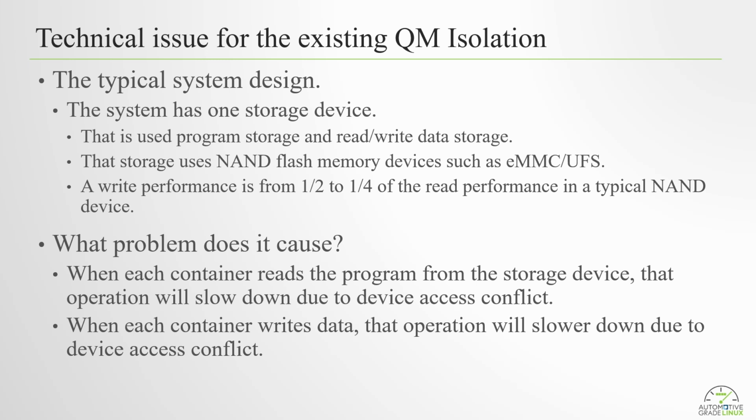What problem does it cause? When each container reads programs from the storage device, that operation will slow down due to device access conflict. When each container writes data, that operation will also slow down due to device access conflict. It's a problem.